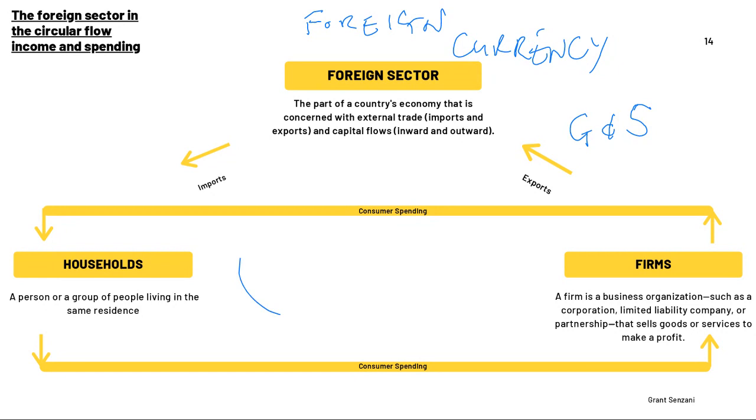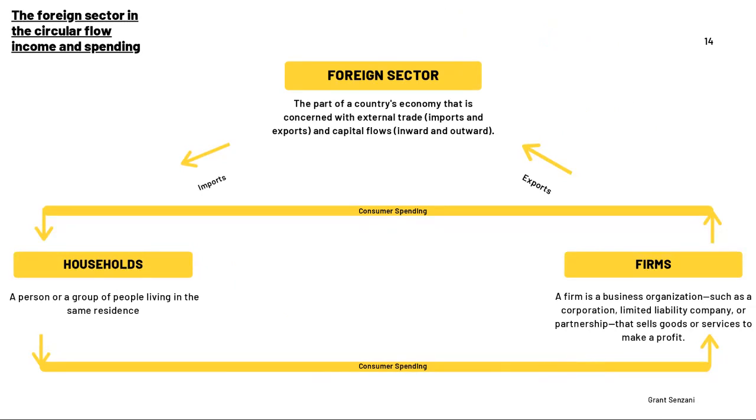But also remember that, in the grander scheme of things, households can also give their labor, land, capital, or entrepreneurship to a foreign sector, and the foreign sector could also give goods and services to firms as well. But for here and now, according to your textbook, let's just remember that for now, firms are the ones that give, and households consume.